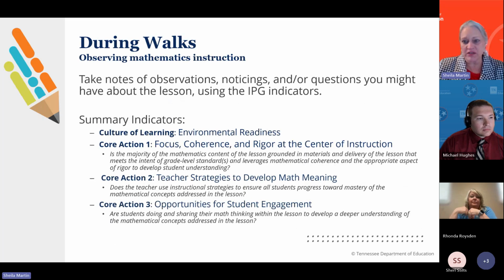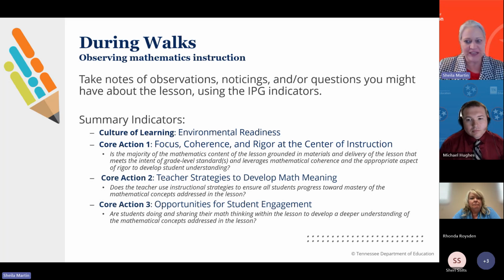So during the walks, you're going to want to take note of what you see. You're going to want to record your wonderings, your questions that you might have about the lesson, and connect your questions and noticings to the IPG indicators. These notes will be beneficial when debriefing with your learning walk team and/or the teacher once the learning walk is complete. So many have noted, we know that there's little space on the actual IPG to take quality notes.